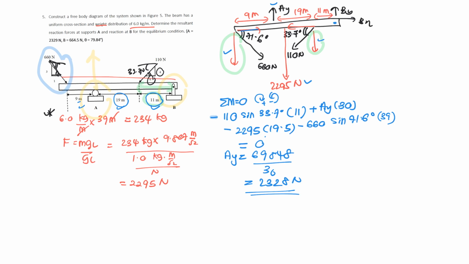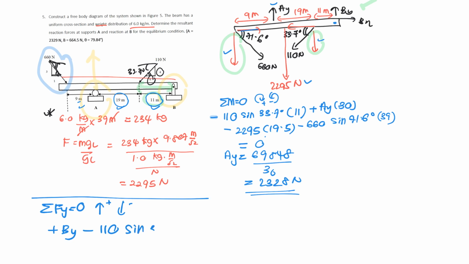Okay, next. Sorry, I'm going to make this smaller. Next, do you use Fx or Fy? I'm going to use Fy first. So sum of Fy equals 0, which means I'm going to focus only on the y component. By is upward. I assume upward is positive, downward is negative. So By, I assume upward, so I get positive By. And then 110, the y component is downward, so minus 110 sine 33.7.